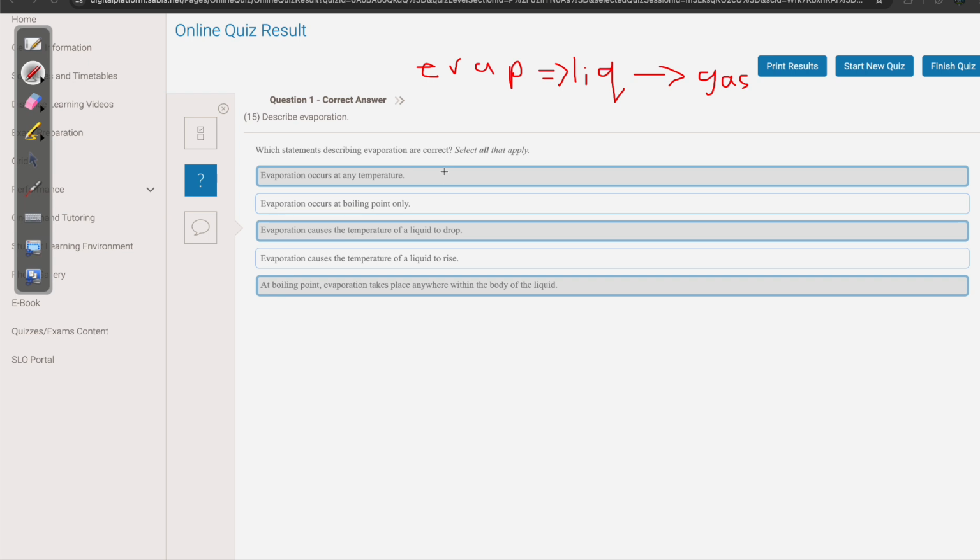Let's just get that out of the way. But evaporation at base occurs at any temperature, and it causes the temperature of the liquid to drop. But at the boiling point, evaporation takes place anywhere in the liquid. Meanwhile, at any other temperature, it can only be at the surface of the liquid.